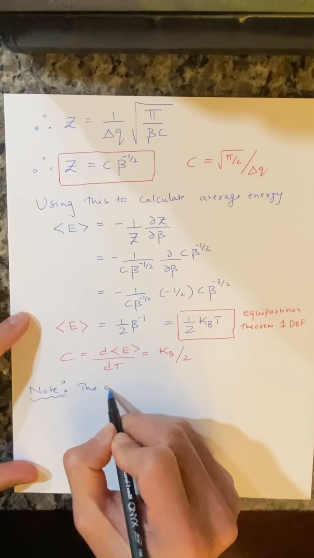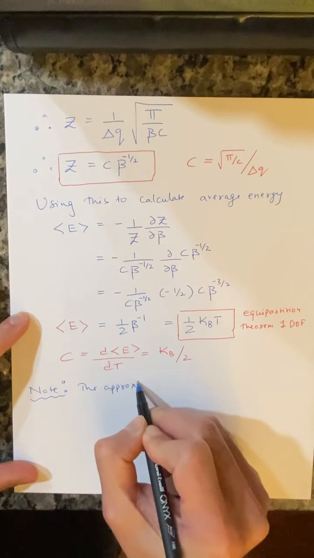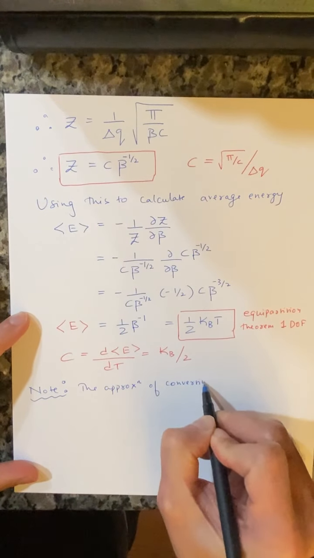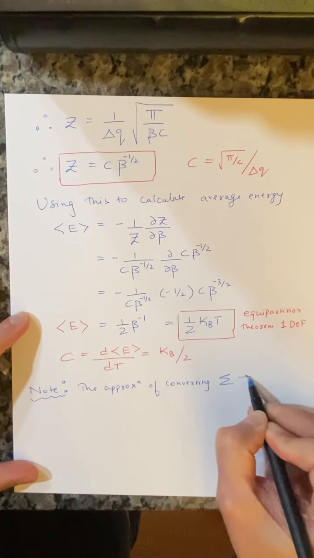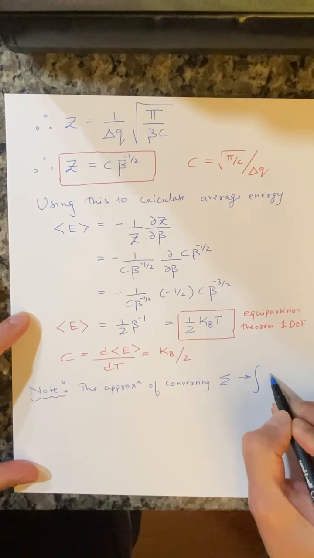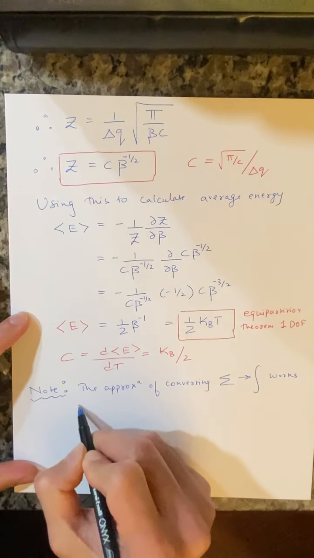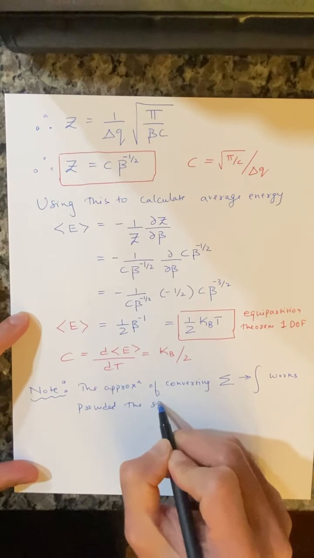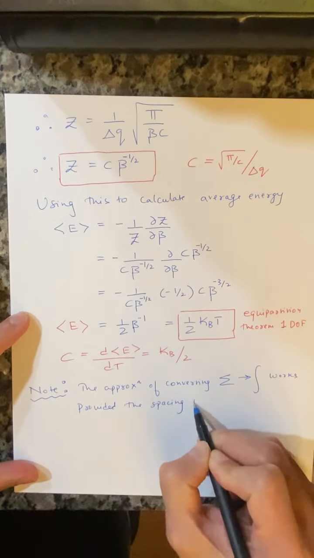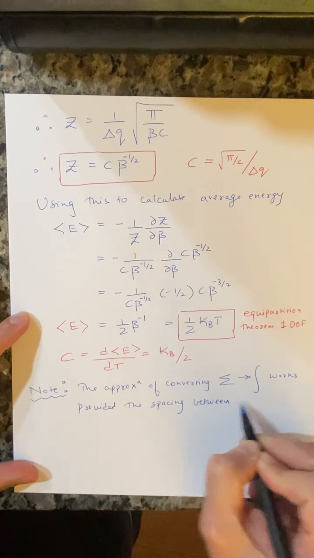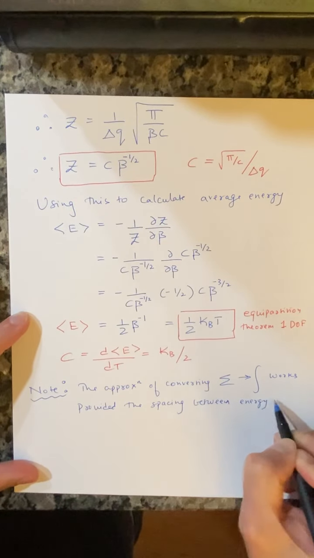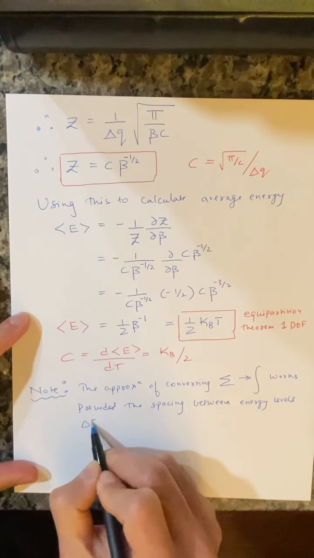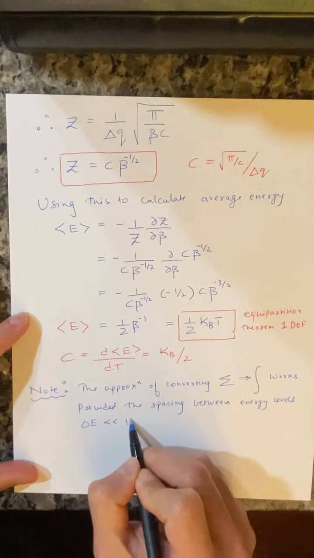The approximation of converting summation to integral works provided the spacing between the energy levels, delta E, is very much less than KBT.